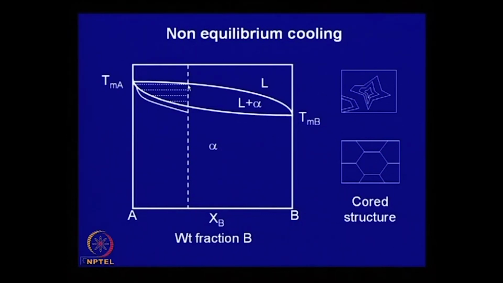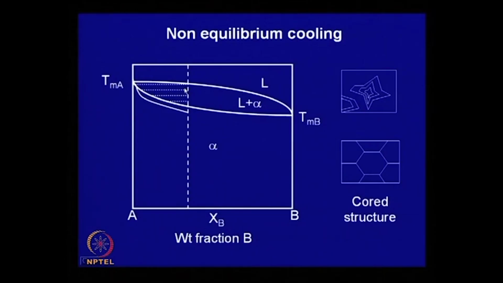Now, when the solidification begins, the first solid that solidifies for this particular alloy composition will have a composition given by this point. You draw the tie line, the horizontal line, and it intersects the solid here. So, this is the composition of the first solid that precipitates out.